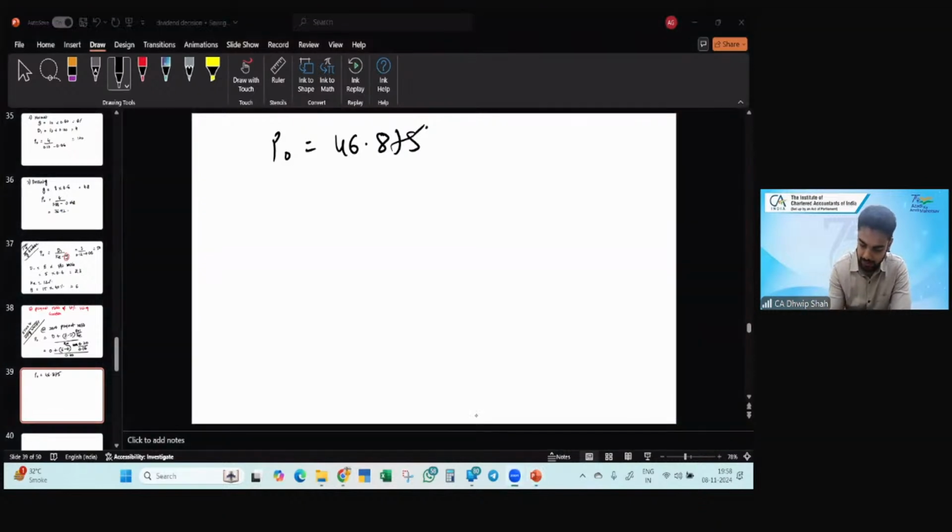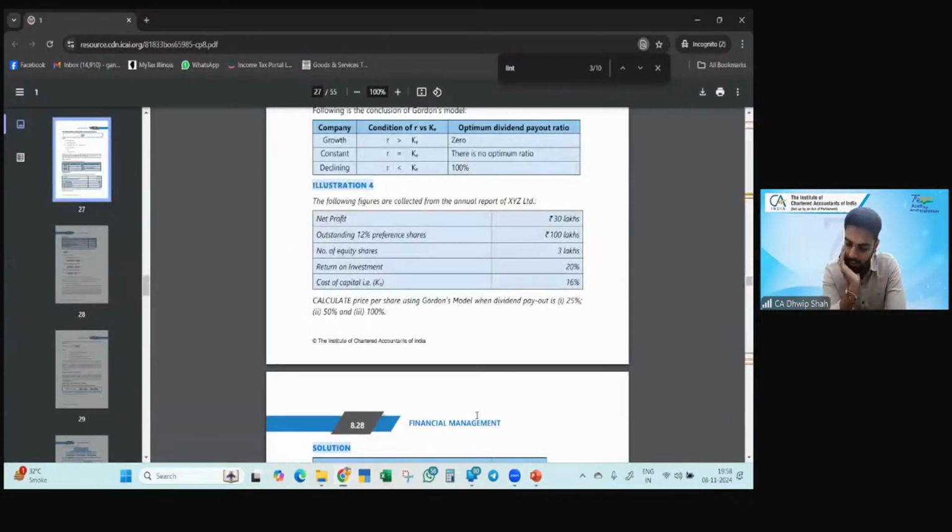At 25%, 50% and 100%, the market price will be lower. Can we move ahead now?